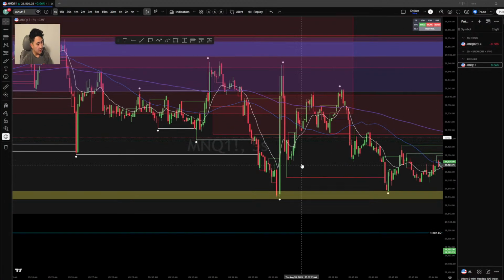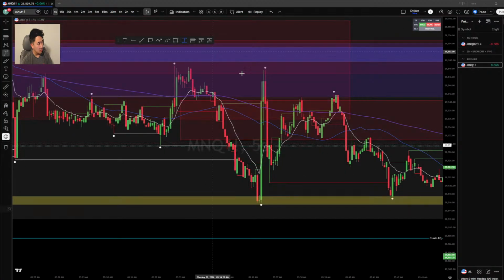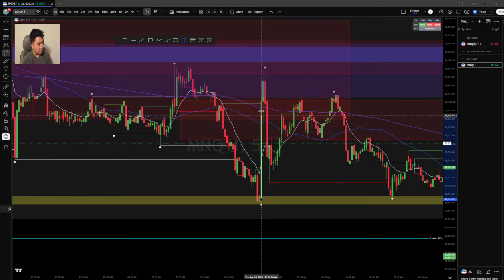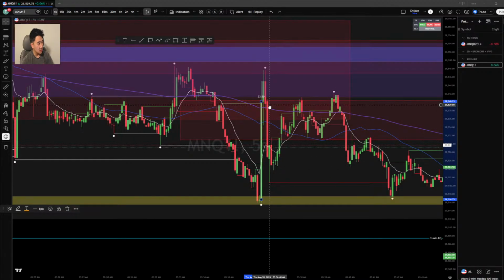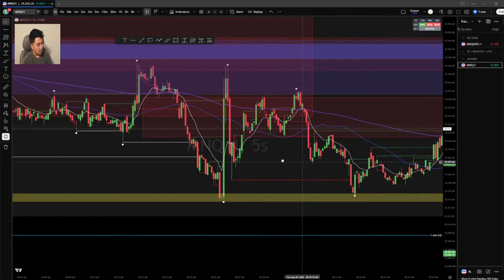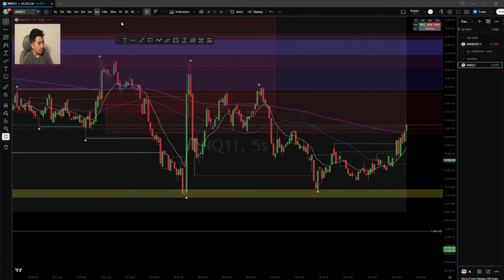Yeah, look at this 5-second candle. Right on the 23 points, 5 seconds. Right on this support level right here.